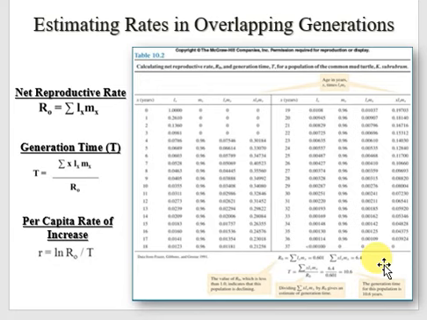That gives you a relative time value at which you can determine when new females, or new female offspring, can be contributed to that population.